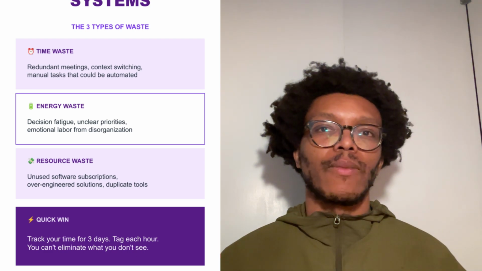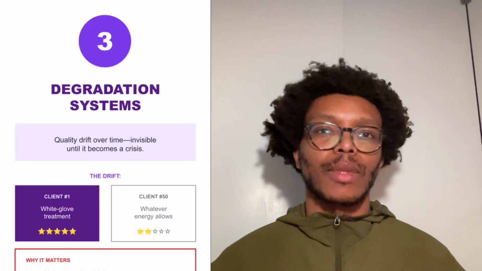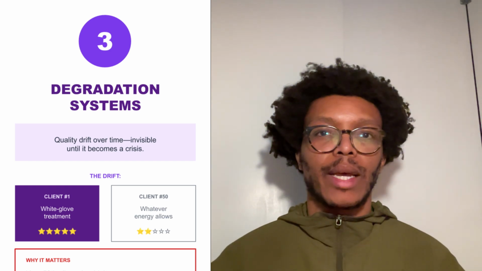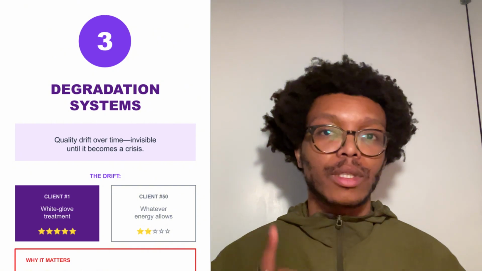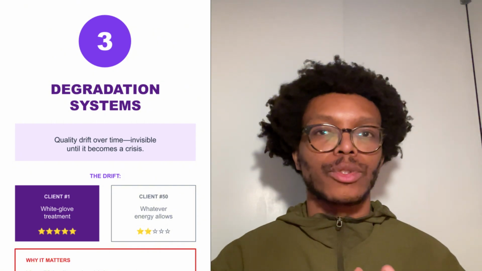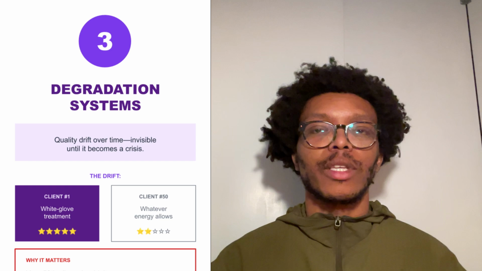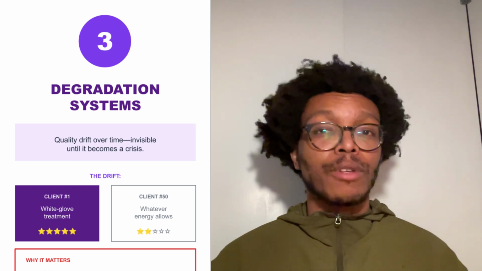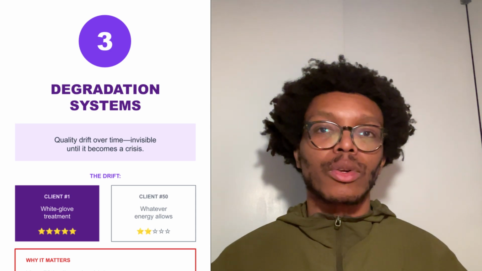System number 3 is degradation. These are the things that cause your quality to drift over time. Your first 10 clients got a white glove treatment, but client number 50 gets whatever energy you have that day. This is invisible until it becomes a crisis.